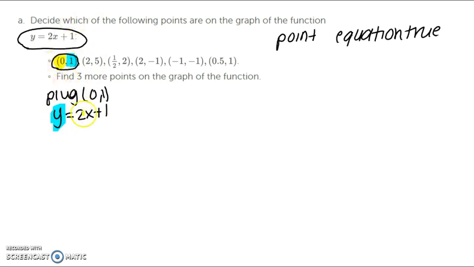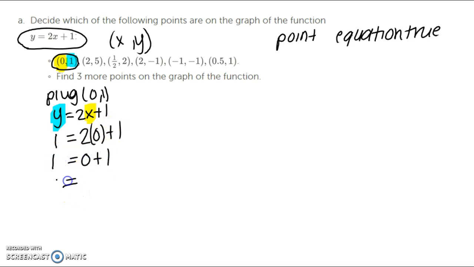So hopefully you remember that all ordered pairs are x comma y. So let's go ahead and test this out. I'm going to plug my 1 in for y and my 0 in for x, and I'm going to solve. So 1 is equal to 1, which means the point 0, 1 is on my graph.